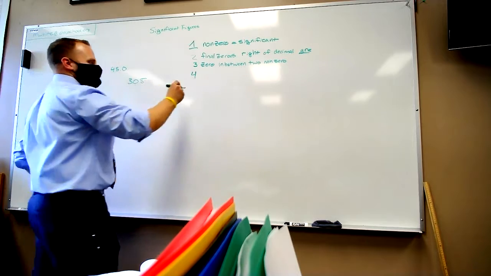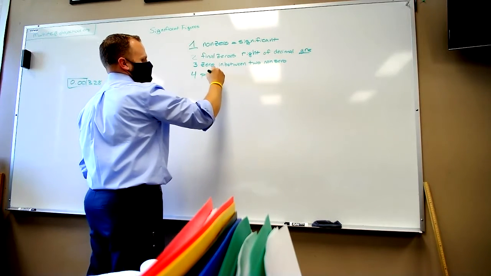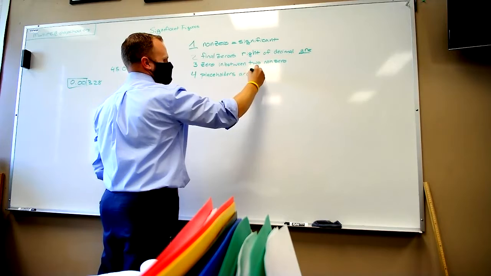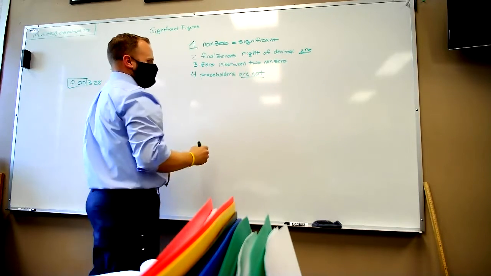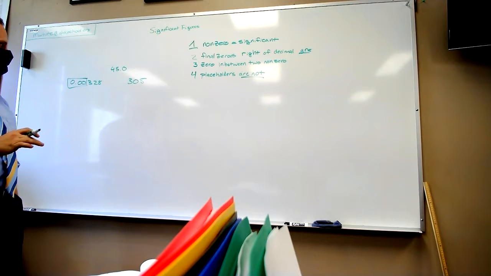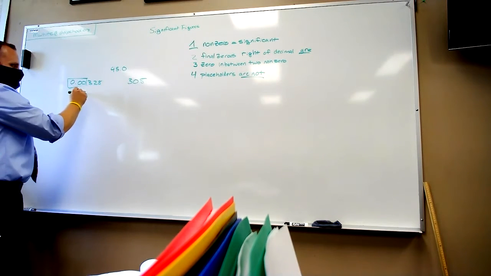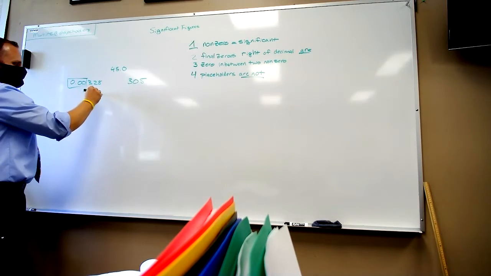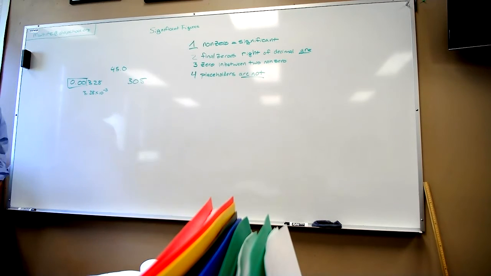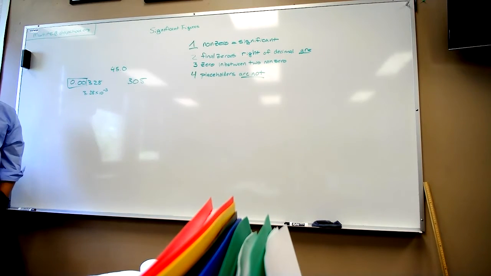So placeholders are not. You can get rid of it by putting it in scientific notation, like we have here. So 3.28 times 10 to the minus third. It is not significant.